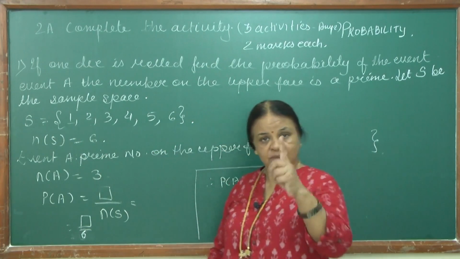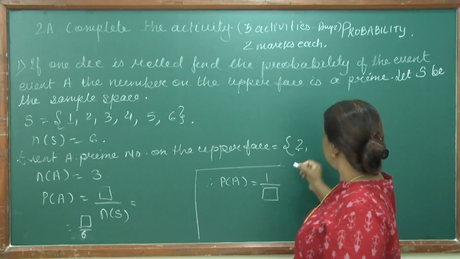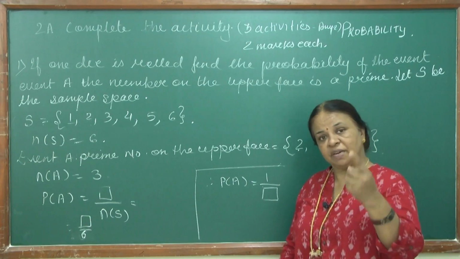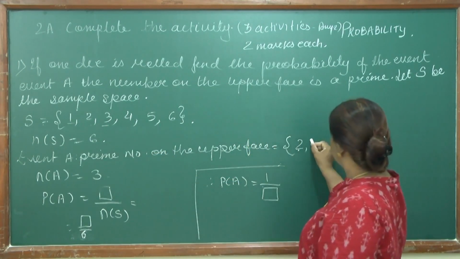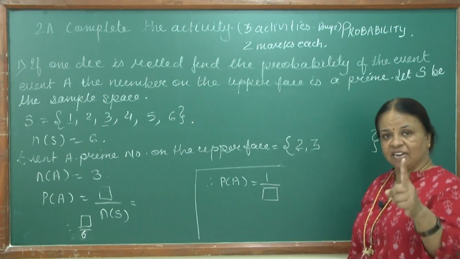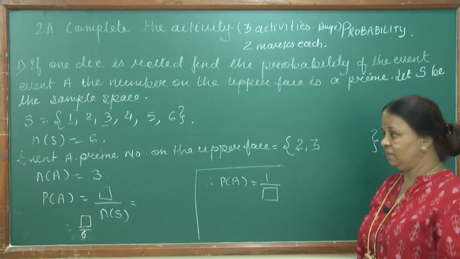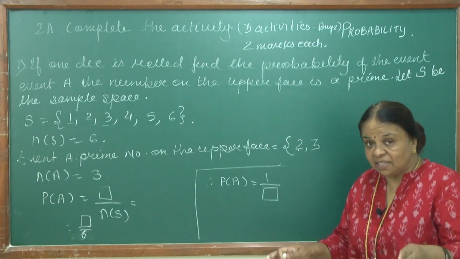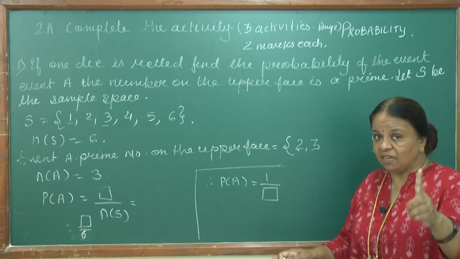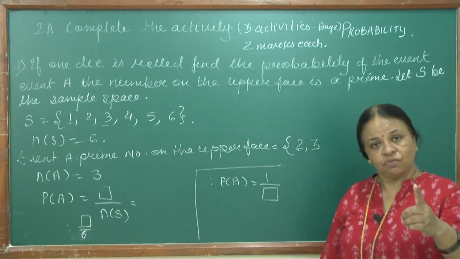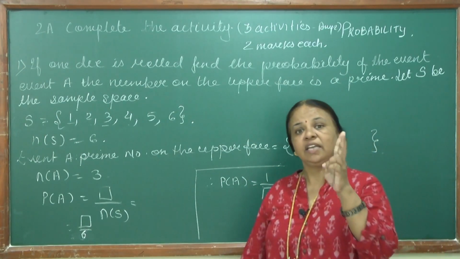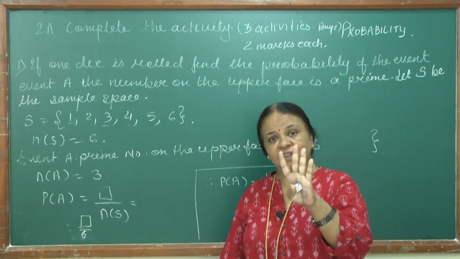2 is a prime number because 2 can be divided by 1 and by 2. 3 is a prime number because 3 can be divided by 1 and by 3, but no other number can divide 3 except 3 and 1. 4 is not a prime number because 4 can be divided by 1, by 2, and by 4.